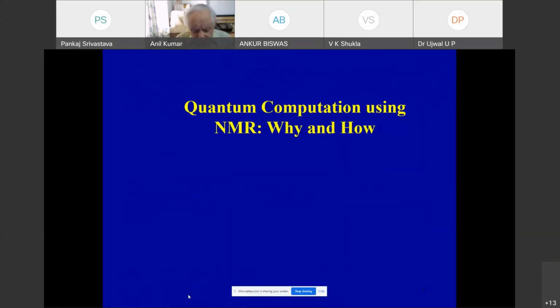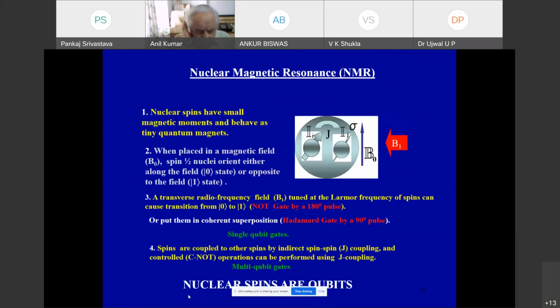Why and how? All right, nuclei have small magnetic moments and behave as tiny quantum magnets. When placed in a magnetic field, spin-half nuclei orient either along the field, which we call the zero state, or opposite to the field, called state 1.